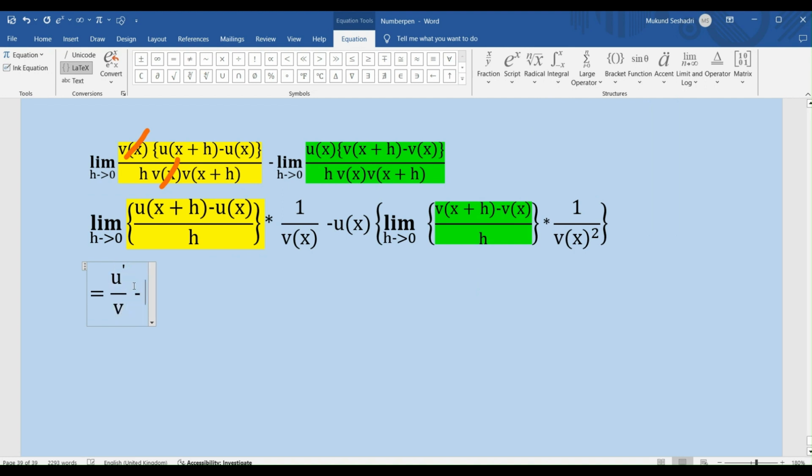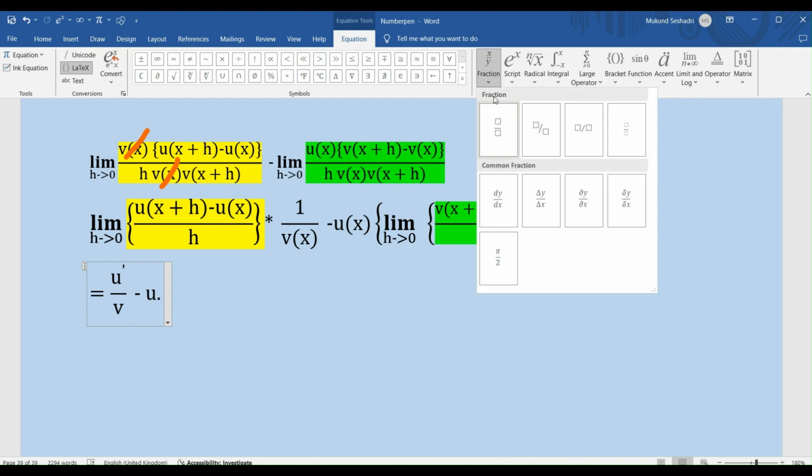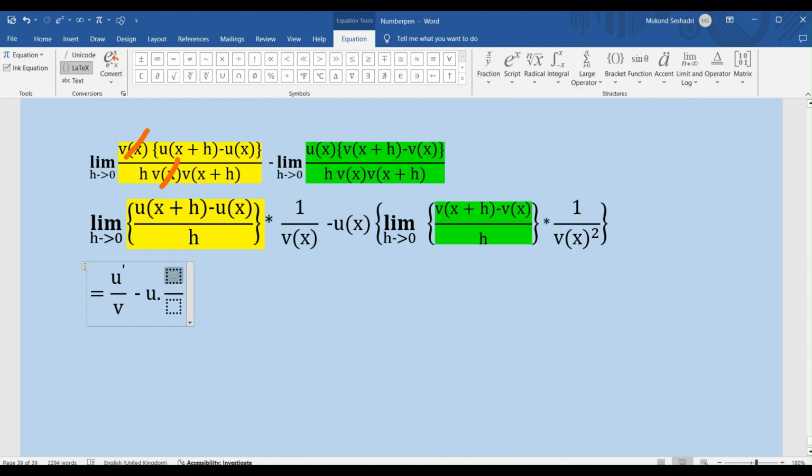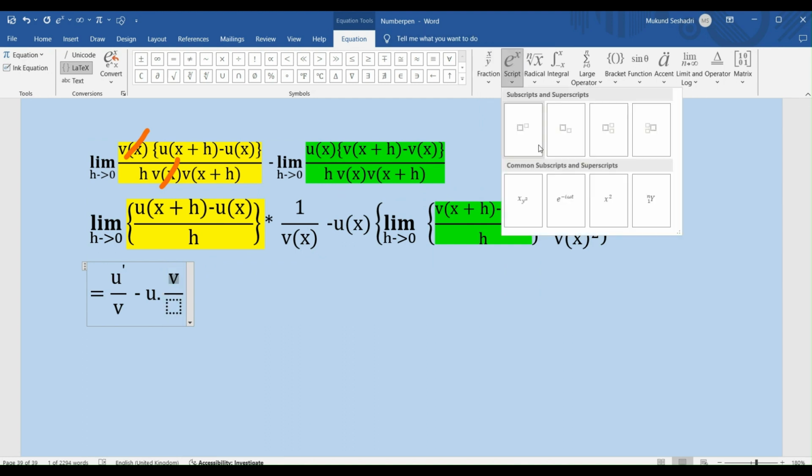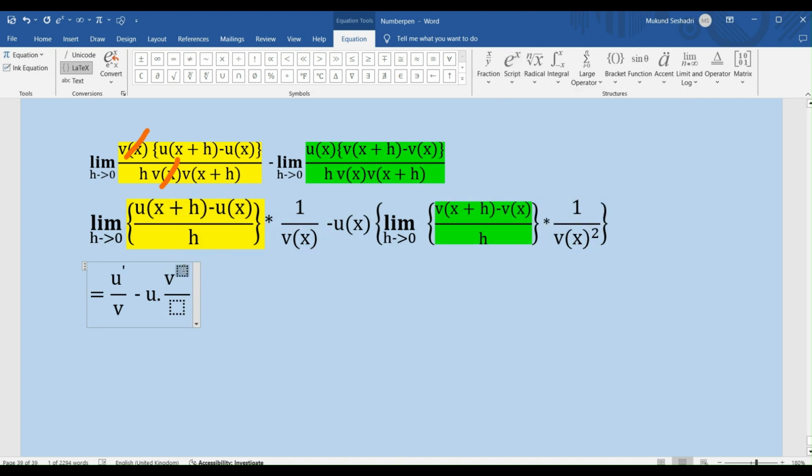Minus, I have a u of x out here, which I'll call u. And then my green portion, which is v of x plus h minus v of x divided by h, becomes v dashed of x. And let me call it v dashed of x. And then my v of x square is nothing but v square.